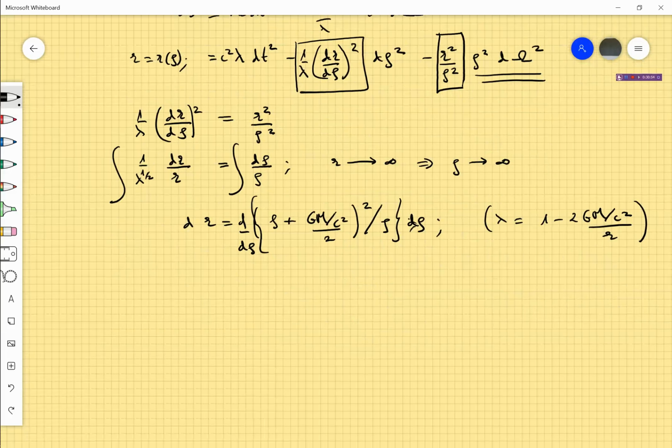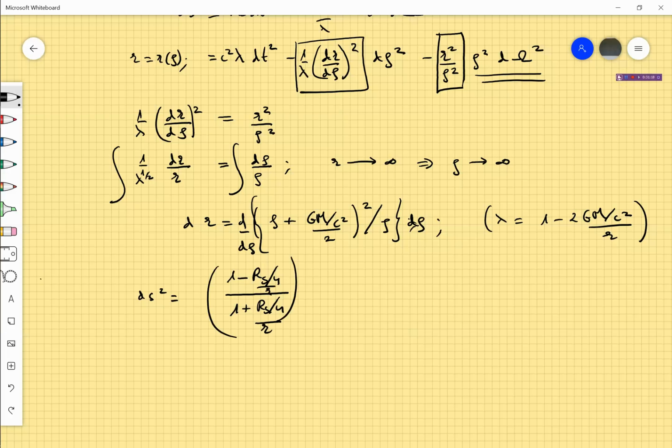and what you get is a metric that you can write in this form: ds squared is (1 minus rs divided by 4r) over (1 plus rs divided by 4r), here rs, okay. So I call rho r again, just because it is customary.